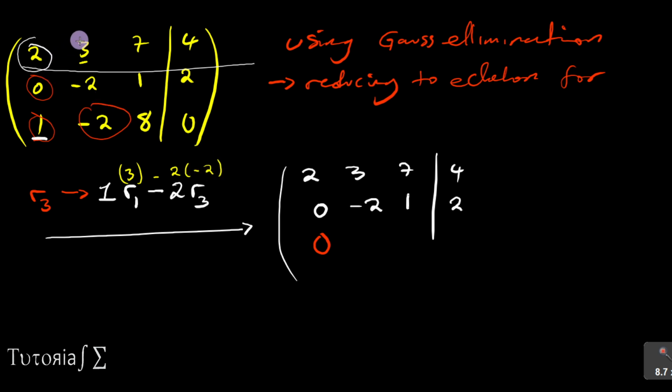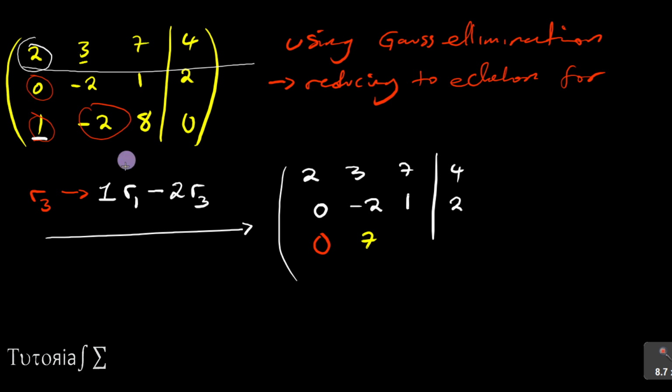So 1 times row 1, on row 1 there's a 3, minus 2 times this, so this will give us 3 minus 3 plus 4, which is just 7, so this will be positive 7. So we do the same for the other part until we finish the entire row.